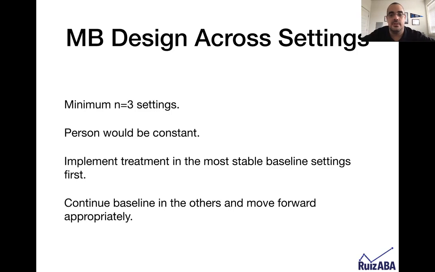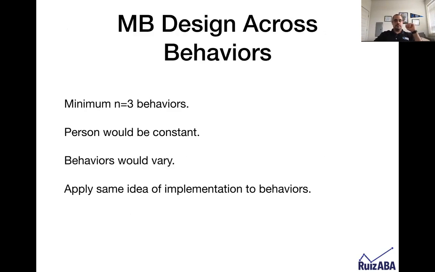Whichever one of those baselines is the most stable would receive the treatment first. And then you would continue baseline in the others until the next most stable baseline comes up, and then you would implement the treatment there, and so on. So the big idea with both of these, and behaviors too, is that the last one that receives treatment will have the shortest treatment time and the longest baseline.